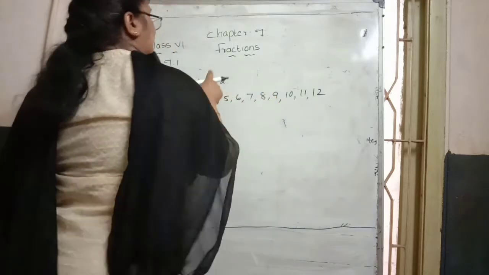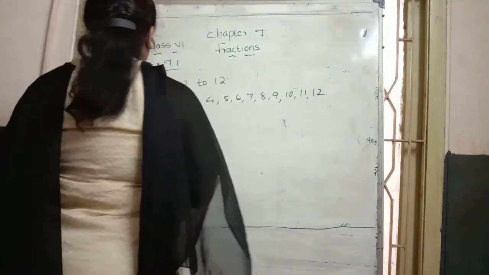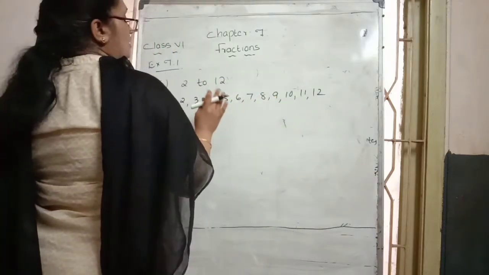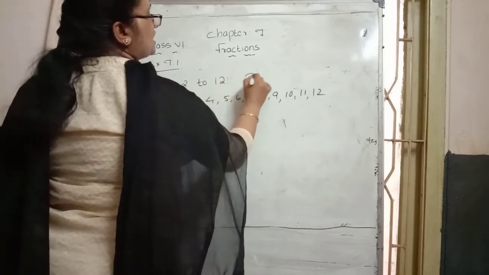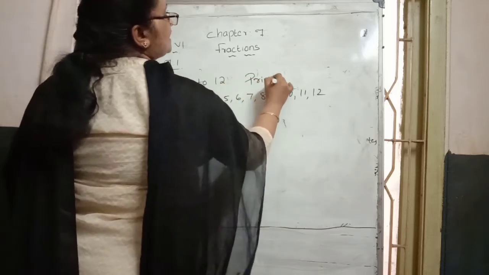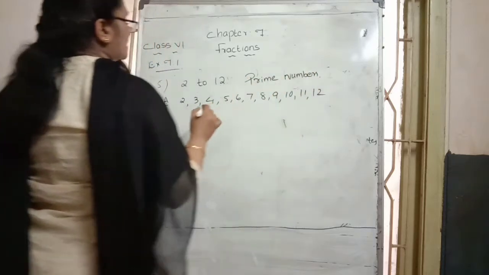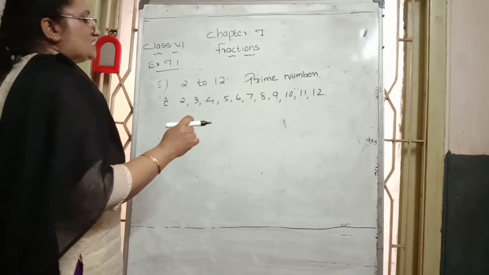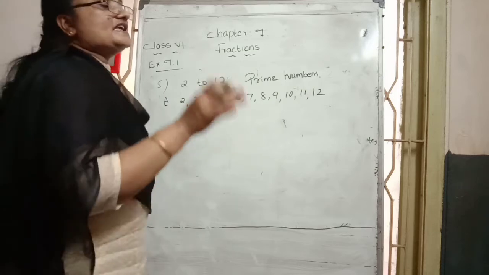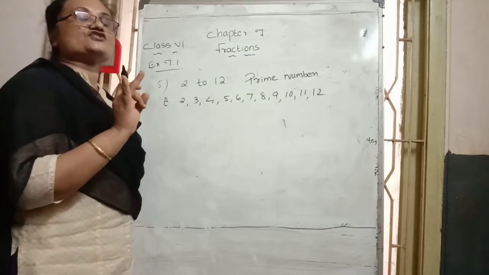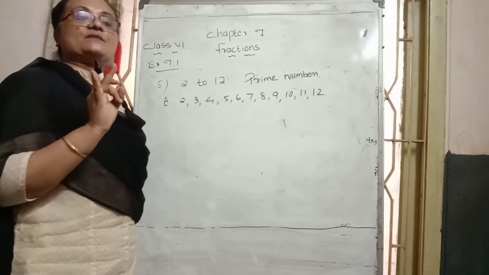Then they ask: what fraction of them are prime numbers? Write it in fractional way. Prime numbers, as we learned last class, are numbers having only 2 factors, one and the number itself.